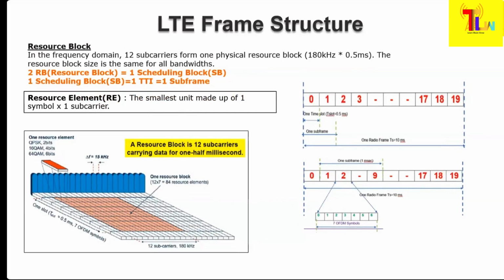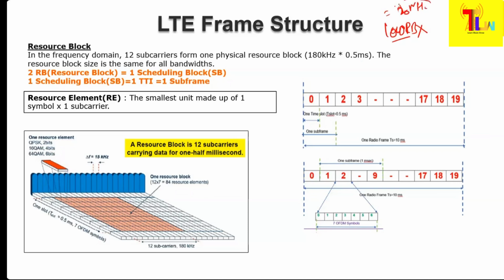When we schedule data for any particular UE, the overall resource block is divided. For example, we have 100 resource blocks, or you can say 20 megahertz. Let's not talk about the 100 resource blocks, it's 20 megahertz.